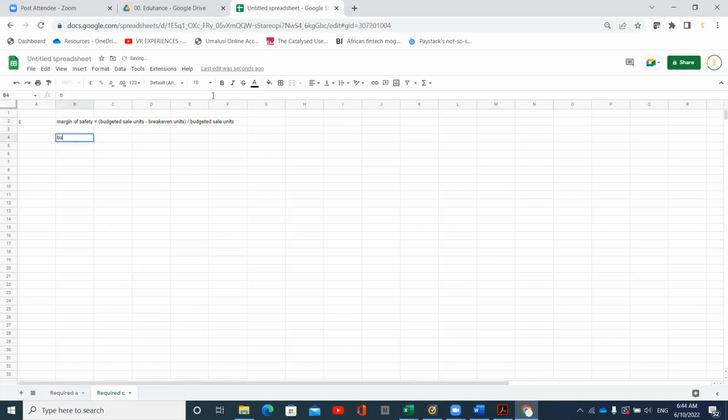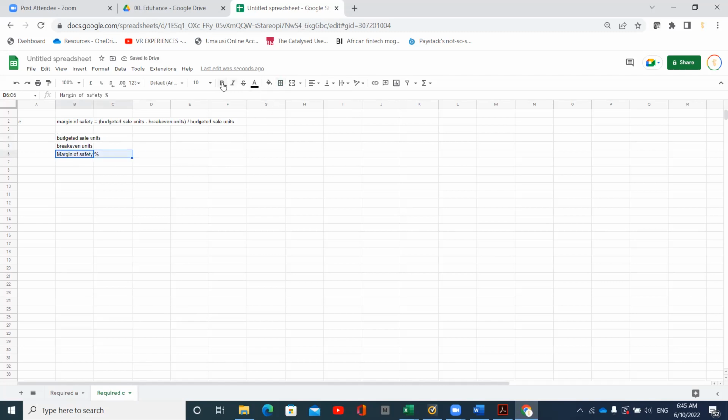So we say budgeted sale units minus break-even units, and that is going to give us margin of safety percentage. Okay, so there we go.